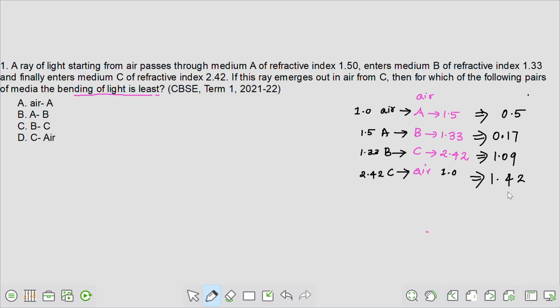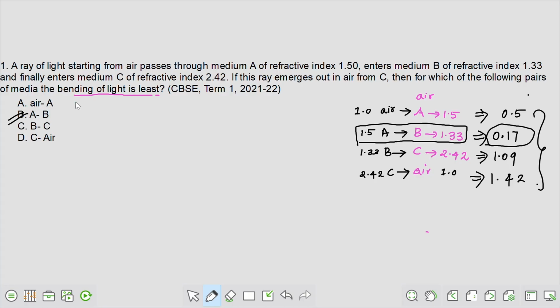These are the differences in the refractive index when light enters from one medium to another. Now compare the differences. In which pair of media is the difference least? Yes, this is the least difference. So what is that pair of media? That is A to B. So our right answer is option B.